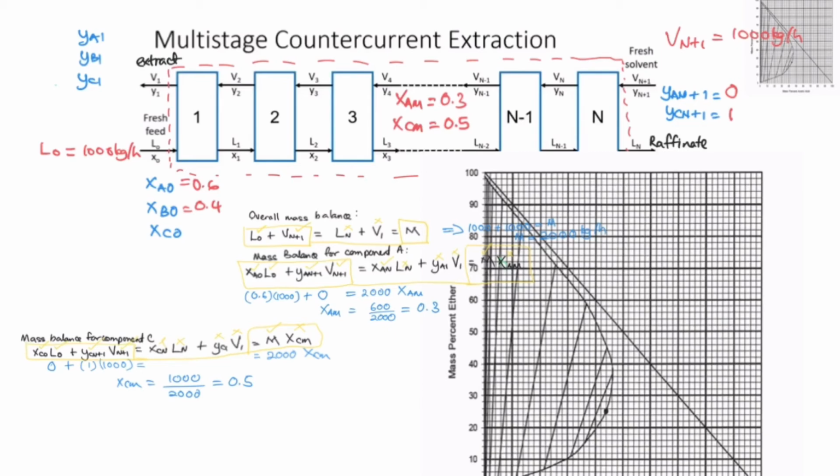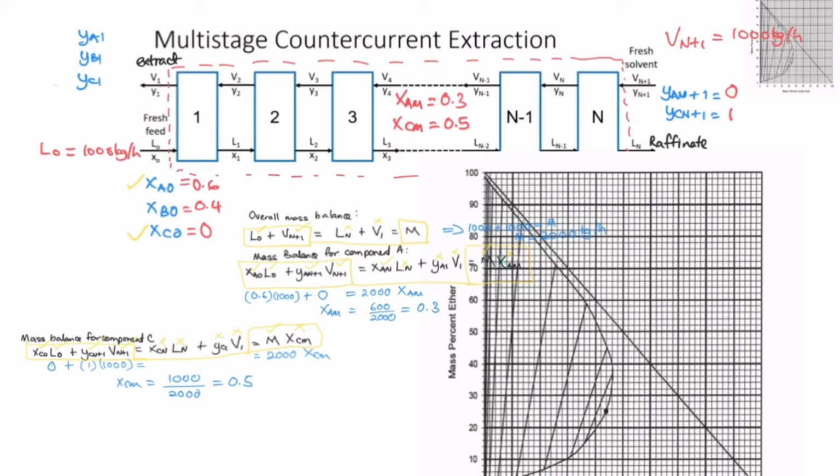Now, say we have the composition for A and C. It is obvious that your C is equal to 0. So you just take the components A and C, because your graph is C versus A. So you have one coordinate for L0.